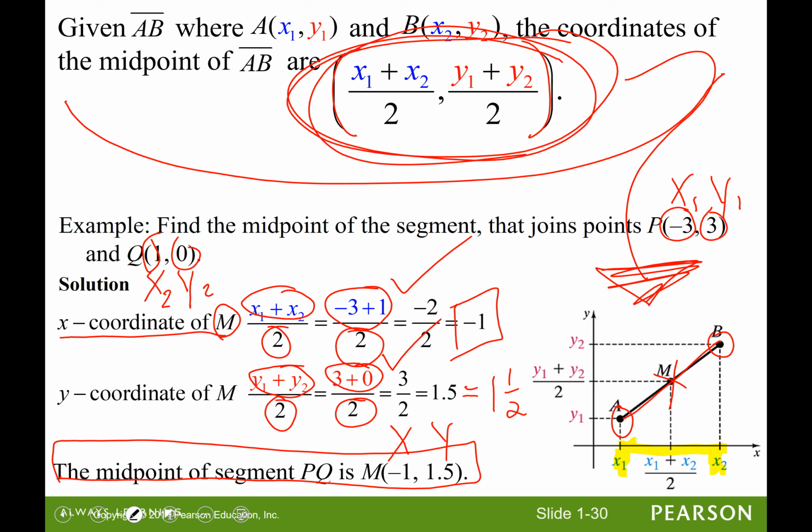So to find the middle of that, it's like finding their average. Add 2 things up, divide by 2, you'll get the middle of them. It's the arithmetic average. Then focus on the vertical segment right here, which has endpoints y1 and y2. So to find the middle of those, you would add them up and divide by 2. And that leads us to the coordinates of our midpoint there.